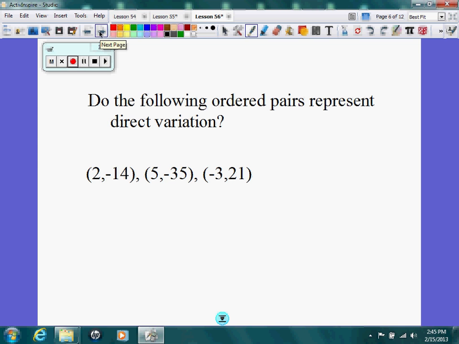Okay. Do the following ordered pairs represent direct variation? Ordered pairs, well, that's like x and y, right? Our x value and our y value. And what was our indicator for direct variation? If we had y over x equal to some constant, right?